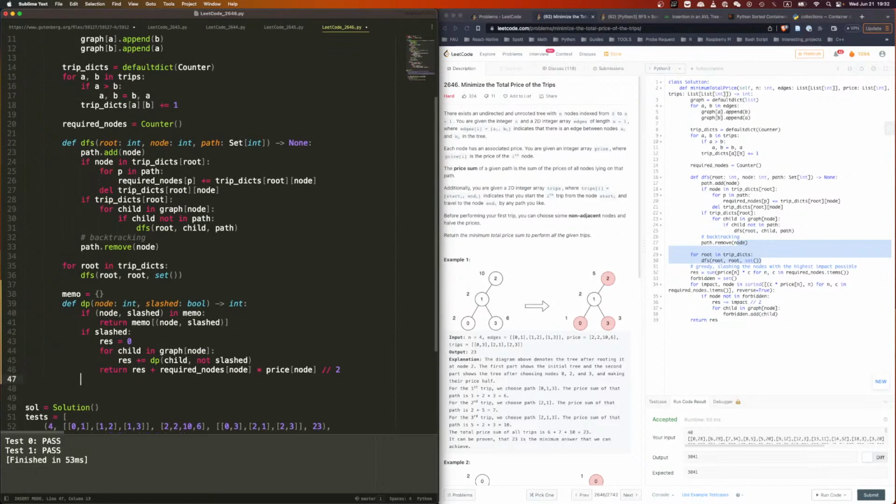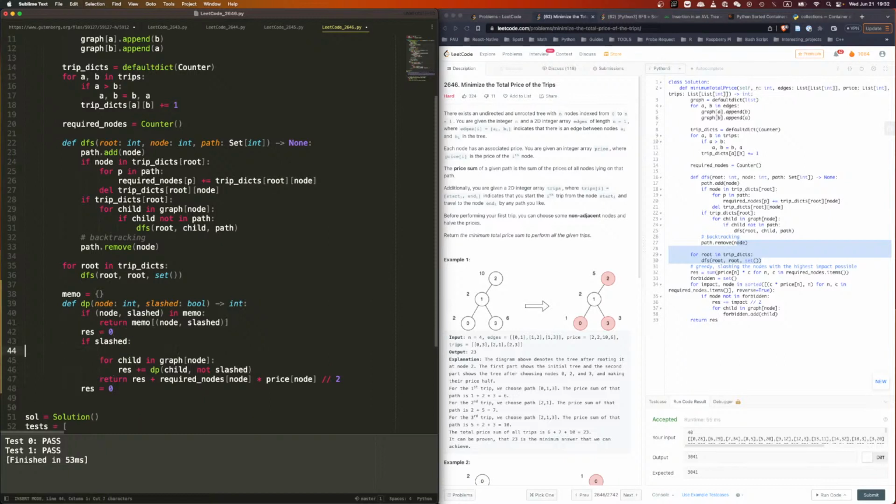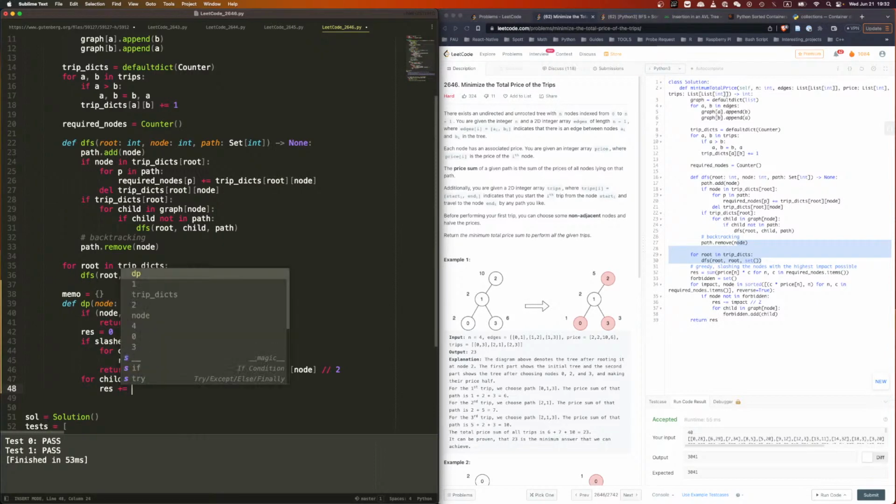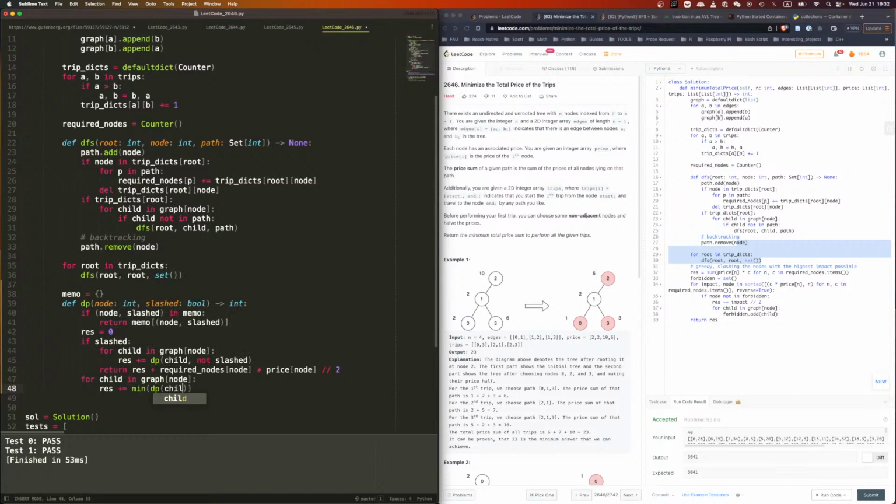Otherwise, I am not slashed. Again, res equal to 0. We might be able to do this one outside. Otherwise, we say for child in graph[node], res plus equals the minimum of dp(child, slashed) or dp(child, not slashed), because I am not slashed, right? Actually, I can make this more explicit. If slashed is true, then this has to be false.